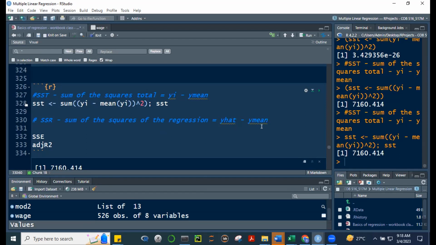Okay? So, based on the original model natin, yung average lang, nag-generate tayo ng y hat, ng mga predicted values using the regression model. Yung difference niya, square natin ulit to.